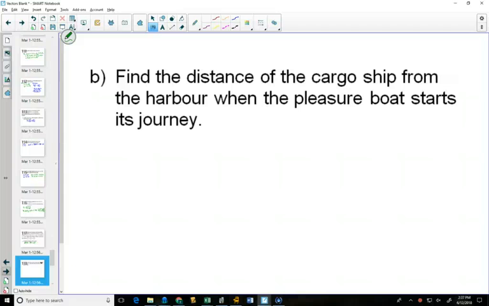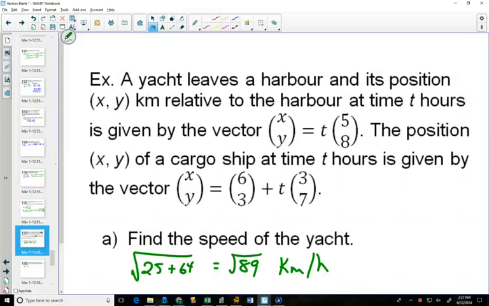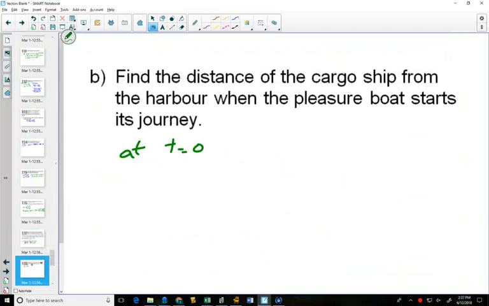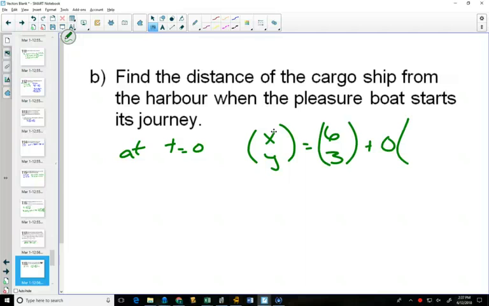Okay, so at t equals 0, because that's when the pleasure boat starts its journey, we know that the cargo ship is at, and if we use the equation all the way through, I can write it as really fancy, but you can see that it's going to be 6,3 because t is 0.